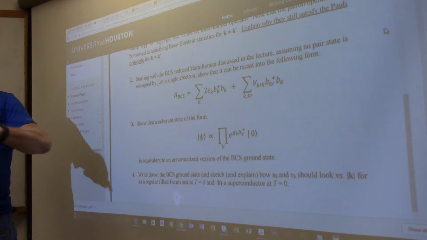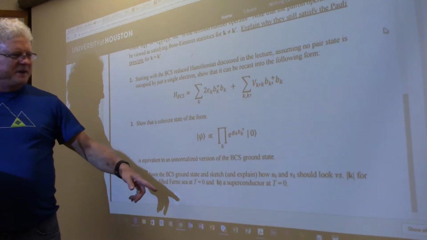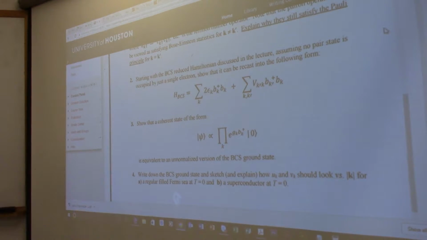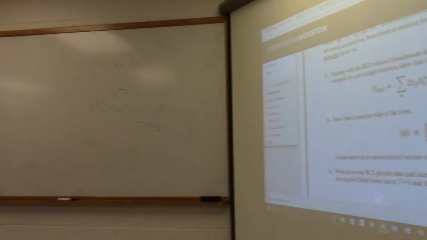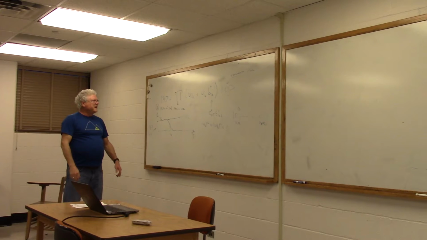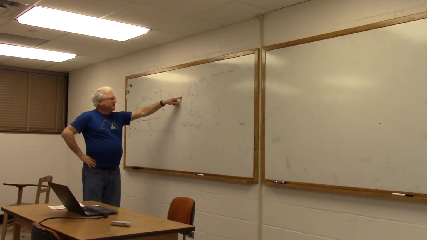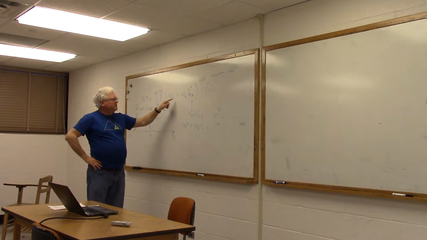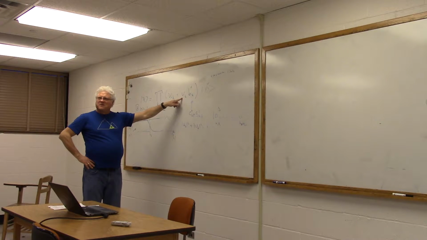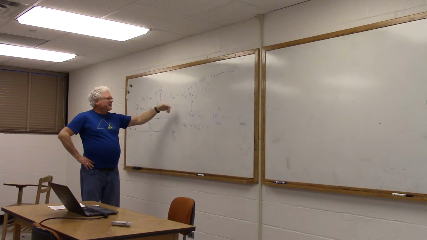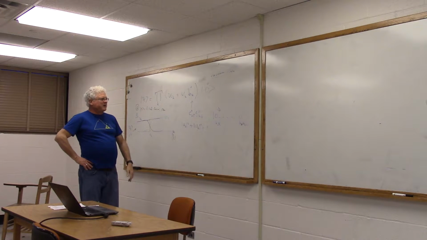But again, what's the basic principle? So what BCS did is they say, okay, let's use this as some kind of trial wave function right here. And then, how do we figure out what U and V are? The idea from a conceptual point of view is I concoct some way of parameterizing it.